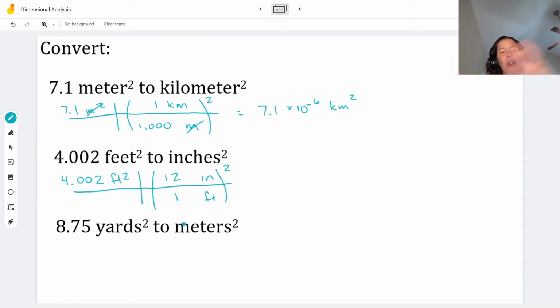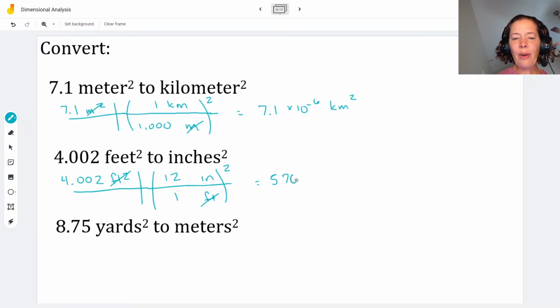Although in this case, because you're multiplying, even if you put it in your calculator wonky, it should still work out. It's when you start dividing that I tend to see students who, again, have everything written down right and the methodology is good, but they've put it in their calculator in such a way that it's not following order of operations. Okay, so my feet squared are going to cancel, and I'm going to get inches squared.